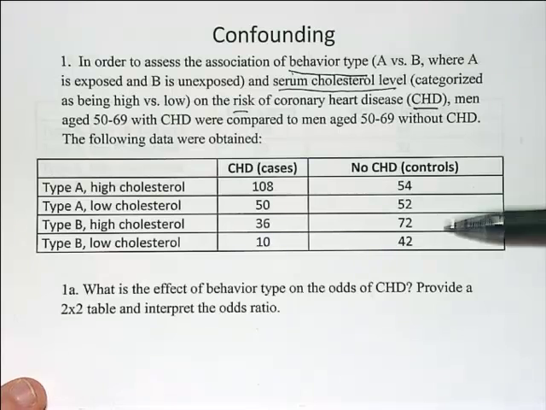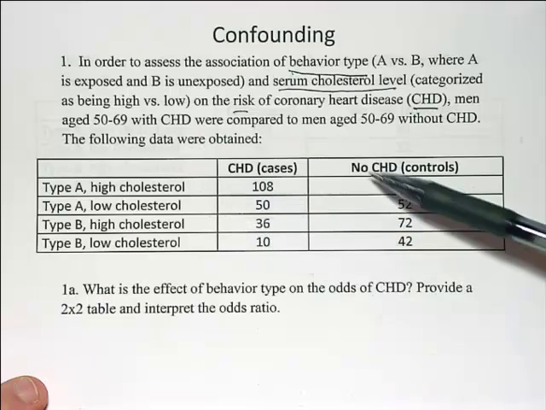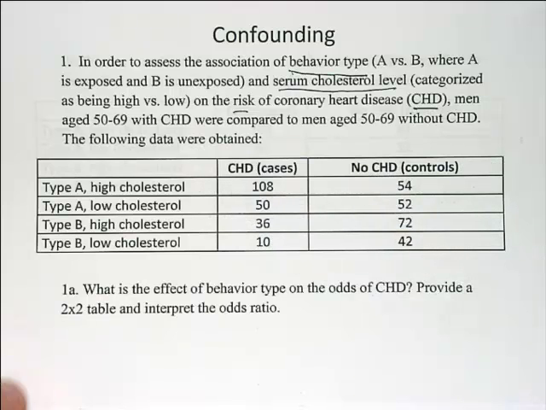So here's the raw data in a 4x2 kind of setup, and we're going to go through the steps to evaluate confounding.